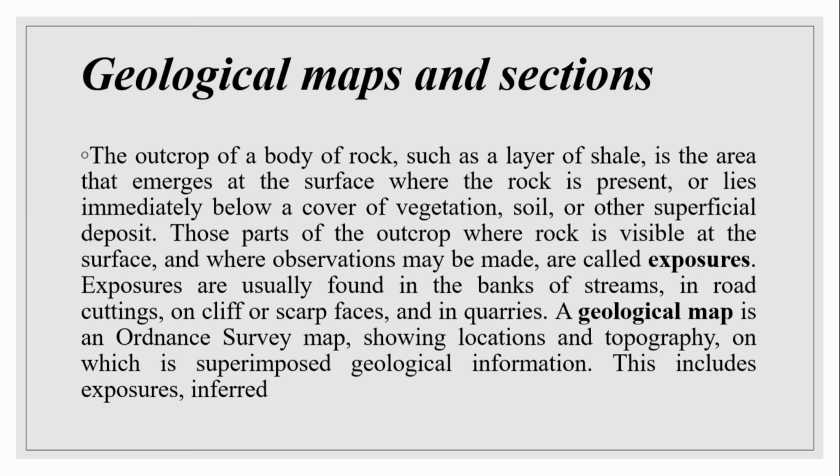This includes exposures, inferred outcrops, and the nature of the boundaries between them. Any deformation of rocks, such as fracturing or other observations, and a geological legend at the side of the map explaining the symbols and contours are used.